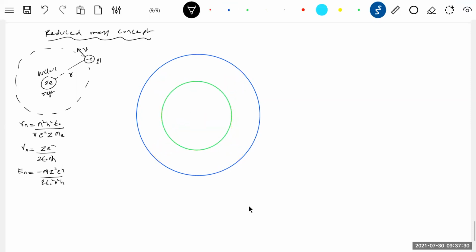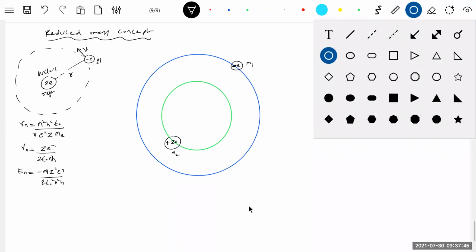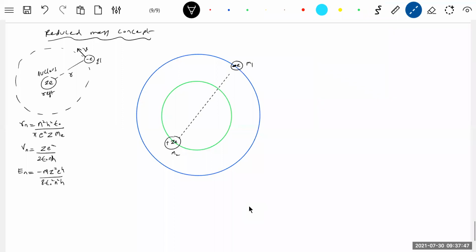Let this nucleus be here, and the electron will be here. For the time being, I'll assume m1, this m2, and both will rotate about a common center, that is the center of mass. Body C will be the center of mass of the system.